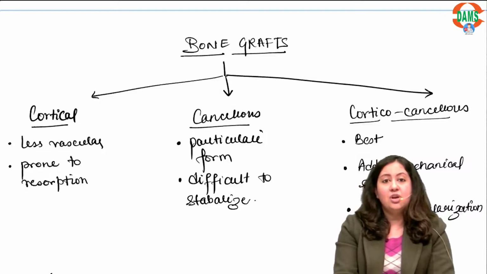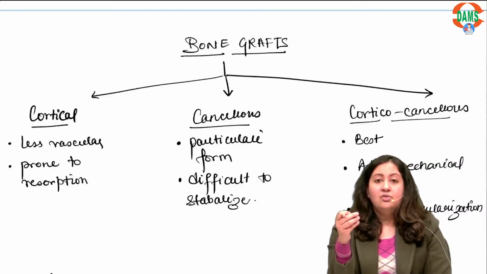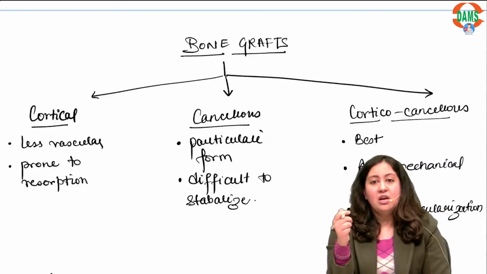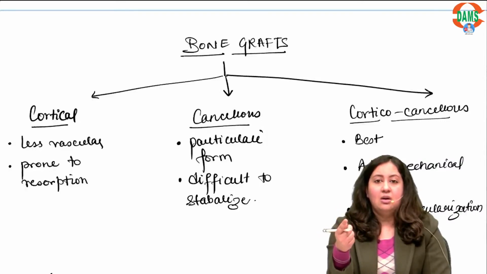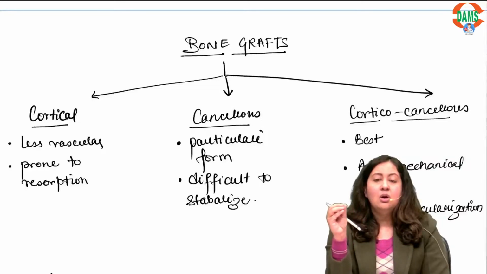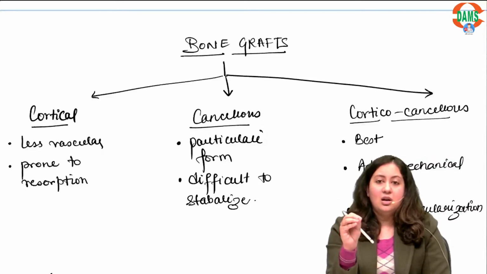Cancellous is where you take the soft spongy area of the bone, which is also the marrow area. A corticocancellous bone graft is when you take the cancellous marrow area, and along with that you take the cortex and make small fine chips out of it, and you pack it into your cleft area.